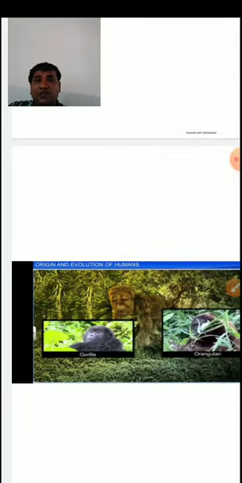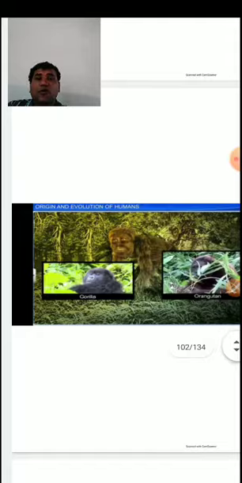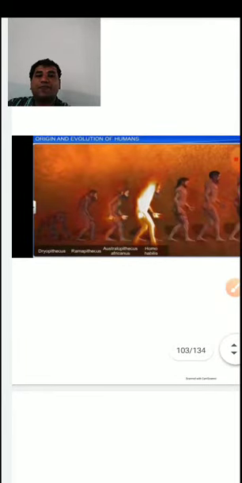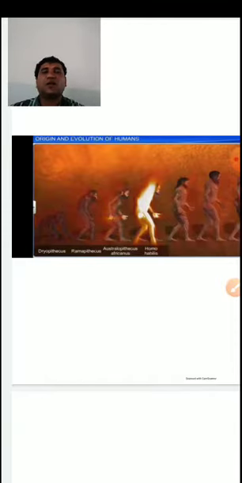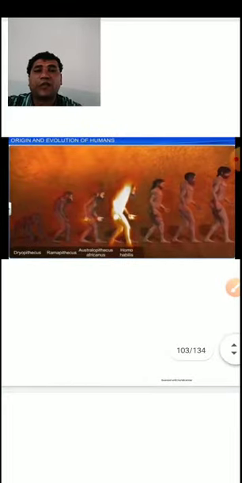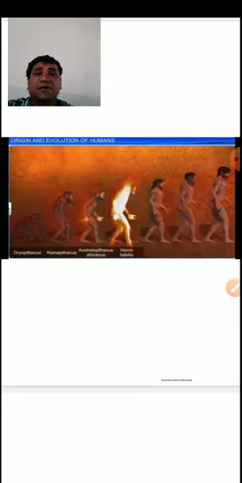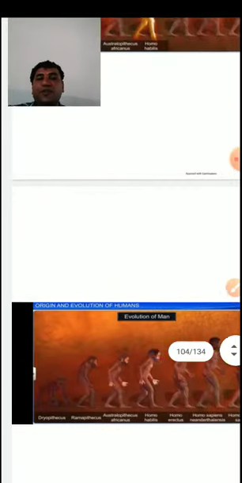Coming to the evolution of humans, there are different stages: Dryopithecus, Ramapithecus, Australopithecus, Homo habilis, Homo erectus, Neanderthalis, Cro-Magnon, and Homo sapiens.